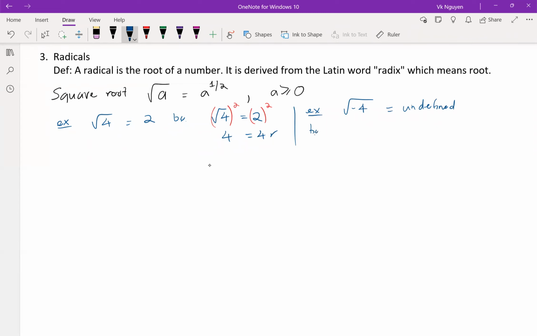Because if square root of negative 4 is equal to some number a, then when we square both sides, what we have here is negative 4 is equal to a squared. A squared is positive. Negative 4 is negative, which is not true.